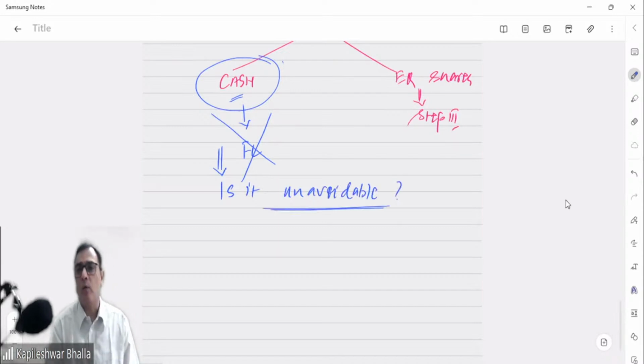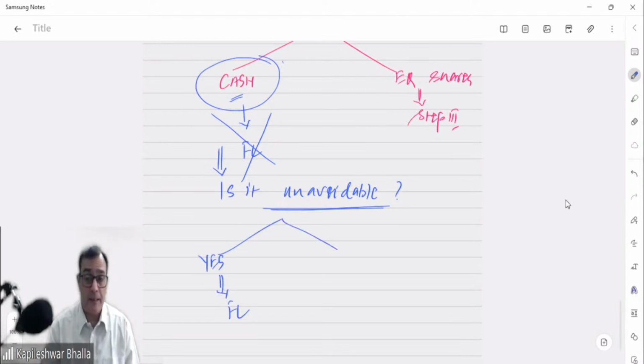If you say, yes, it is unavoidable in nature, then I would call it a financial liability. But if you say it is avoidable, it is not unavoidable in nature, then it's going to be called an equity instrument. So that particular component of the instrument will become an equity instrument, amended.